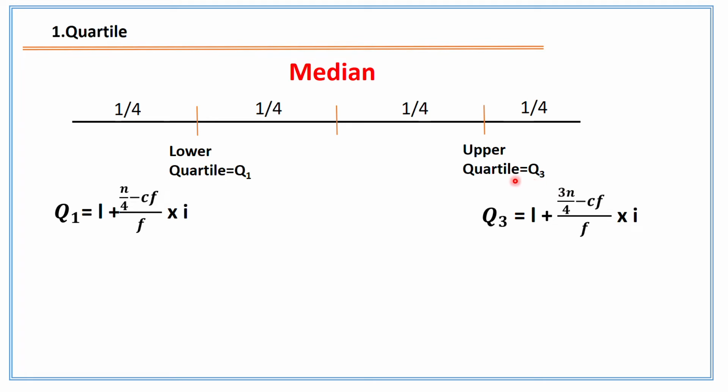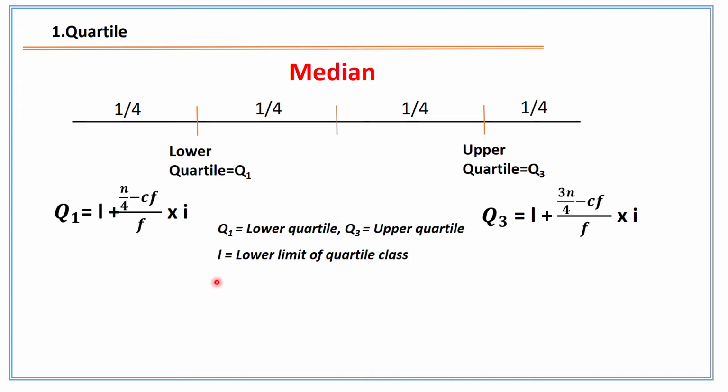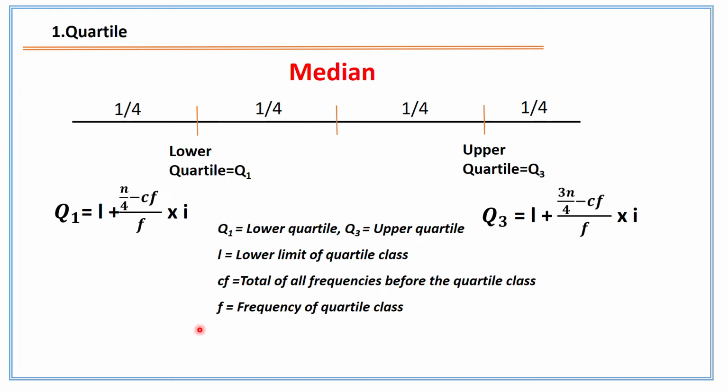Here Q1 is the lower quartile, Q3 is the upper quartile, L is the lower limit of the quartile class, Cf is the total of all frequencies before the quartile class, small f is the frequency of the quartile class, and i is the class width of the quartile class. All these things we will see now in a numerical.